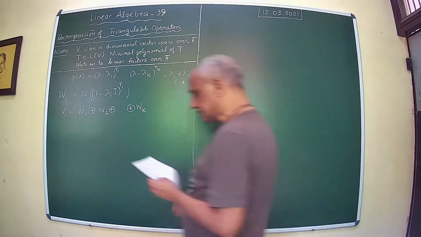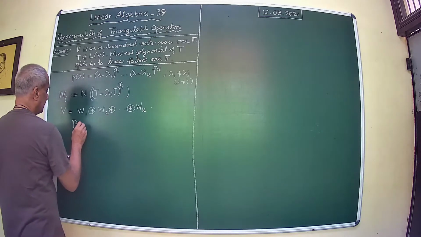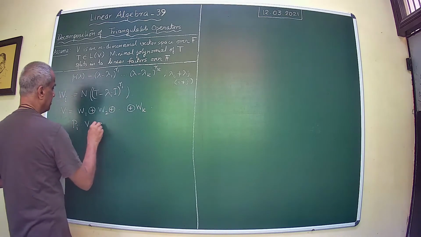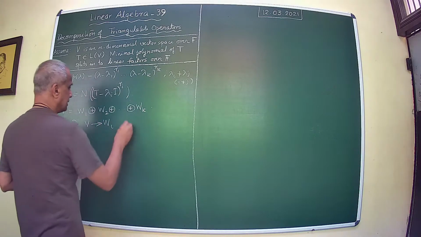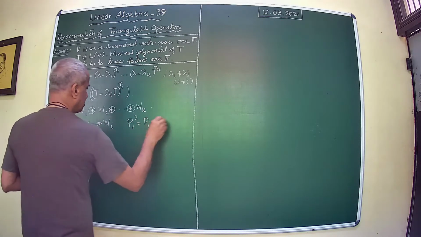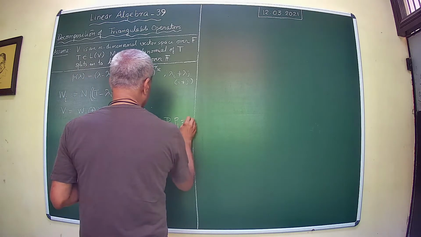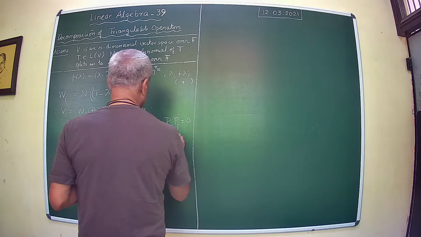And we have projection operators Pi defined from V to Wi such that Pi square equal to Pi, and we also have Pi Pj equal to 0 whenever i is different from j.